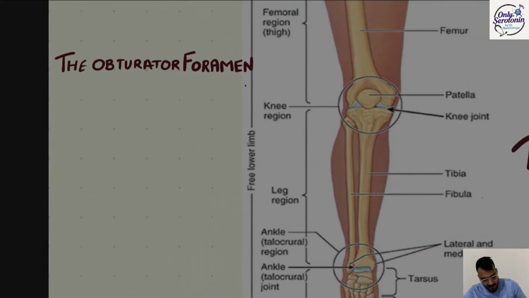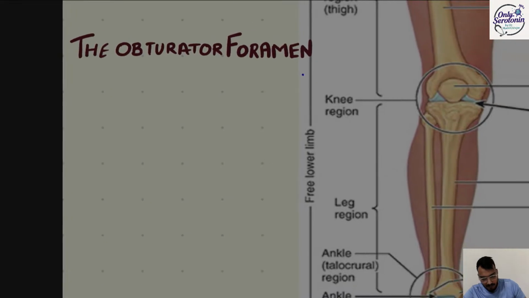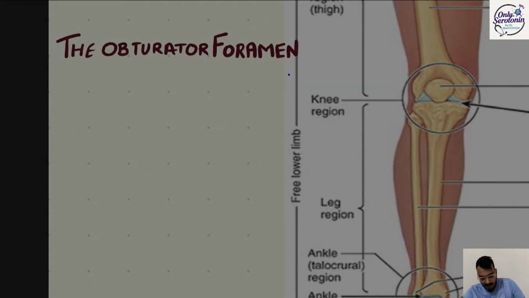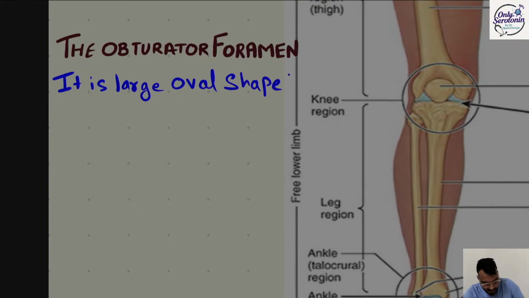Let's write something about the obturator foramen now. What is the obturator foramen, guys? The obturator foramen is a large oval-shaped opening. It is present in the hip bone, right?